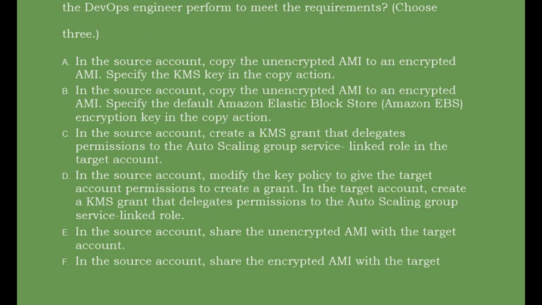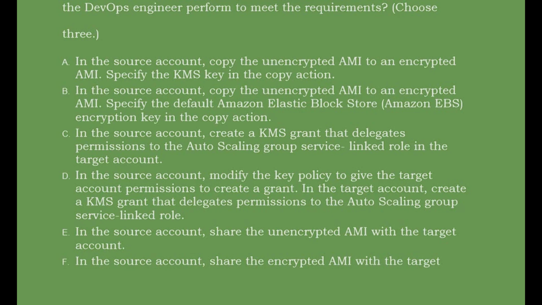Option C, in the source account, create a KMS grant that delegates permissions to the auto-scaling group service linked role in the target account. Option D, in the source account, modify the key policy to give the target account permissions to create a grant.